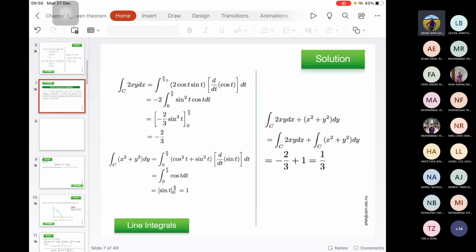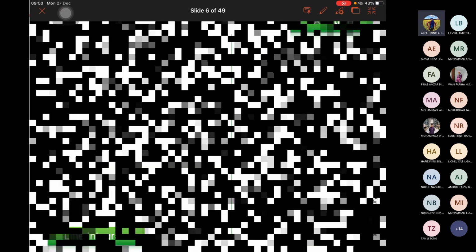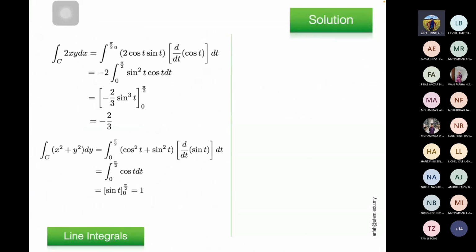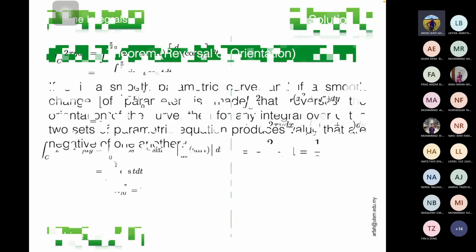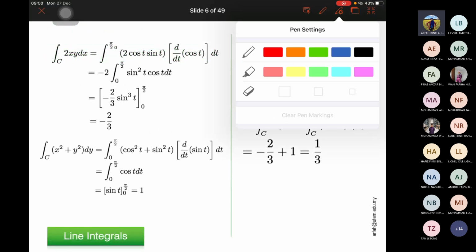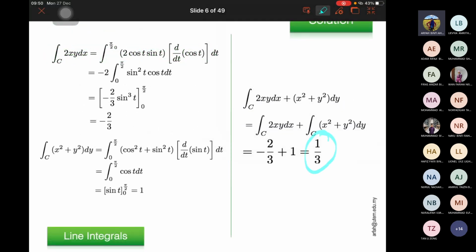So, the reversal of orientation. Earlier we got the answer equal to 1/3. Okay, we get the integration over the curve C equal to 1/3, with your curve here, moving from bottom to top.